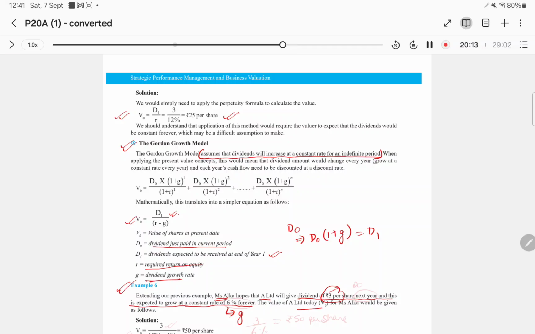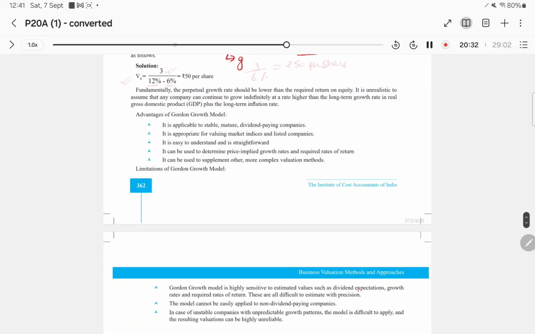Now it will be an easy question for you. The question clearly says the dividend for Alka is 3 and is expected to grow at a constant rate of 6% forever. So it is a dividend growth model, Gordon growth model question.